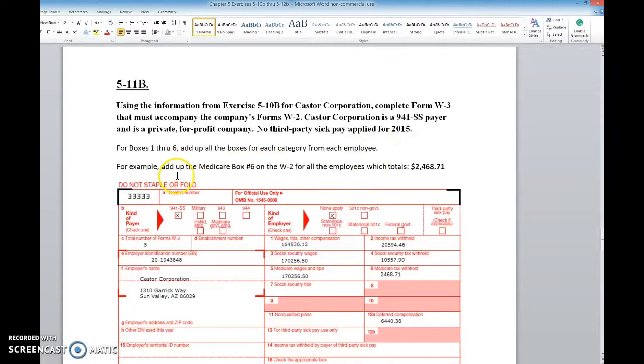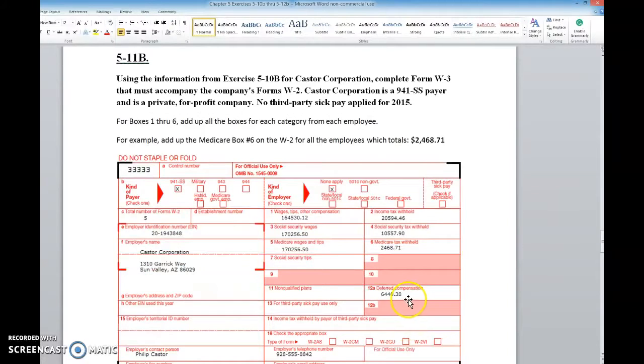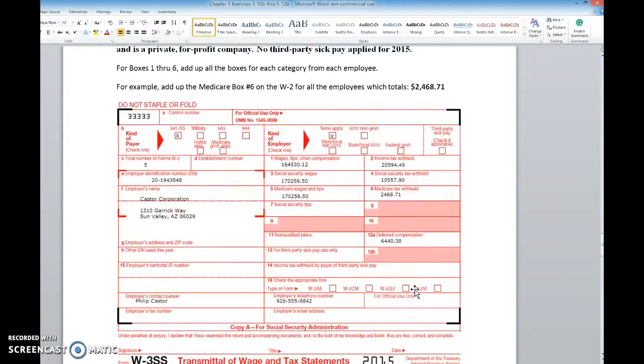As an example, if we added up all the Medicare amounts in box number 6 on the W-2s for all employees, the total will be $2,468.71. You will do this for box 1, box 2, 3, 4, 5, and 6, along with box 12. So you just have to go through and add up those totals.